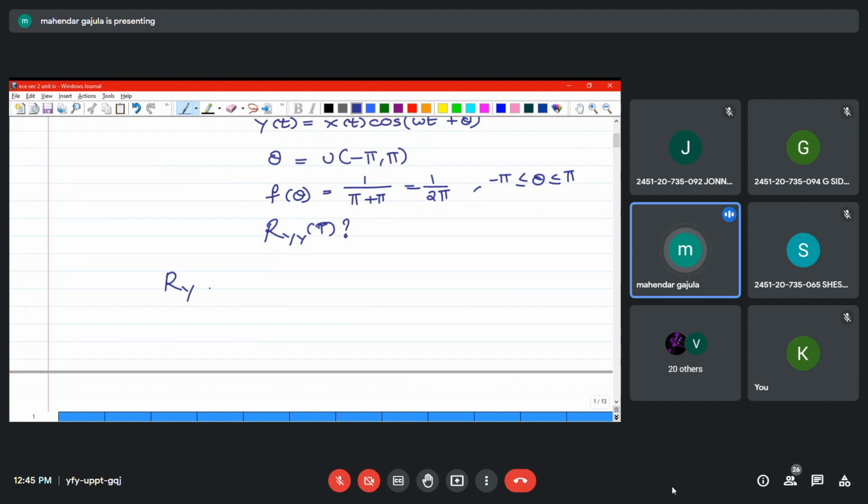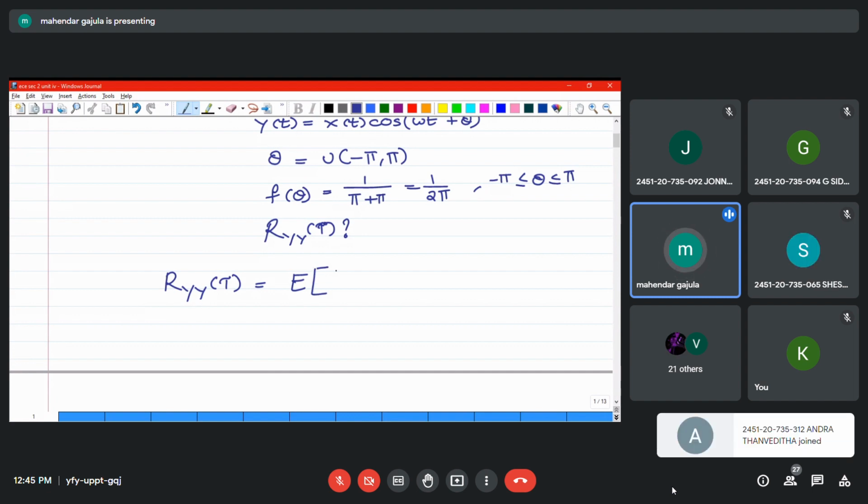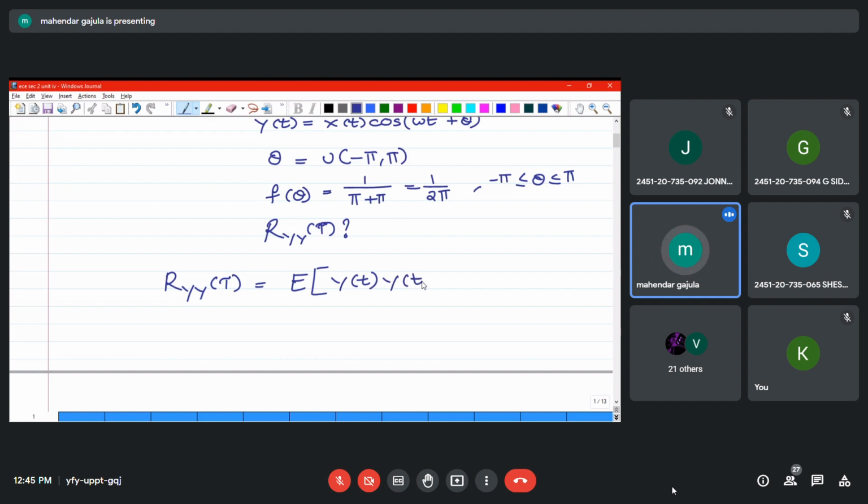R_yy(tau) is equal to expectation of x(t) x(t plus tau). Here in place of x(t) we have y, so we have to write y(t) y(t plus tau). We have practiced with x. Now y is given, so in place of x we should write y.